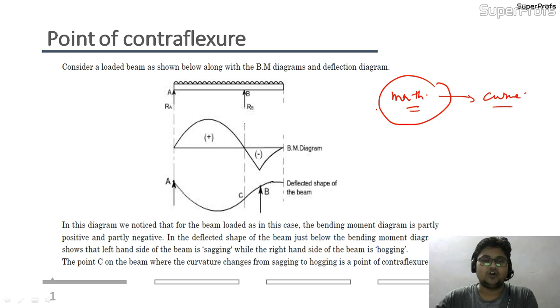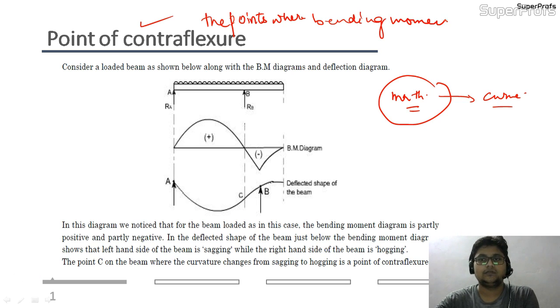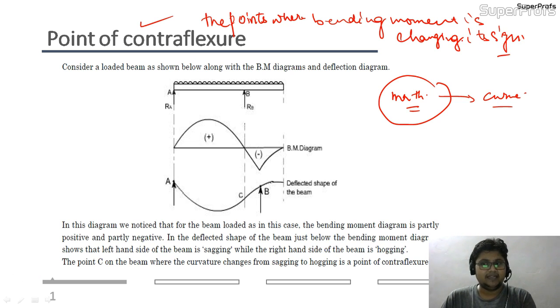So whenever the term contraflexure is given, the first thing that must strike your mind is that it means nothing but the points where bending moment is changing its sign. Whenever the positive bending moment is going to be negative, or from negative it is becoming positive, you are seeing a change in the bending moment diagram, and this is nothing but the point of contraflexure.